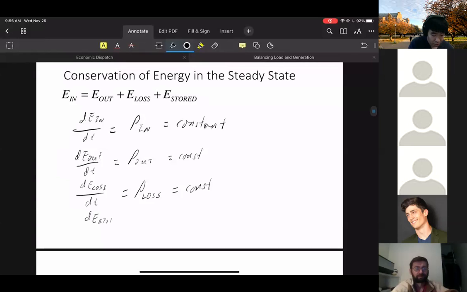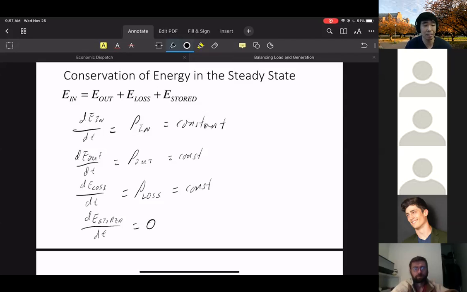So what about stored? If I claim my system is in steady state, meaning nothing's changing in the system basically, what is the time derivative of the energy stored in the system? Every other thing is some constant power. But for storage, it actually has to be zero. It cannot be a constant. This has to be zero for energy storage.